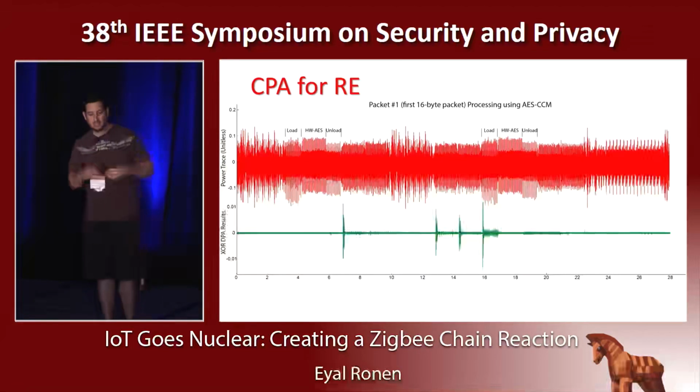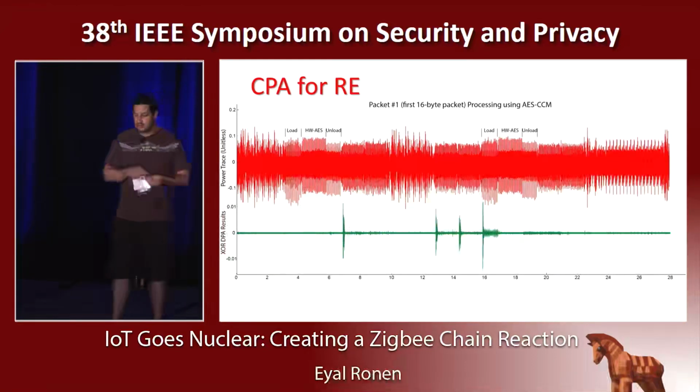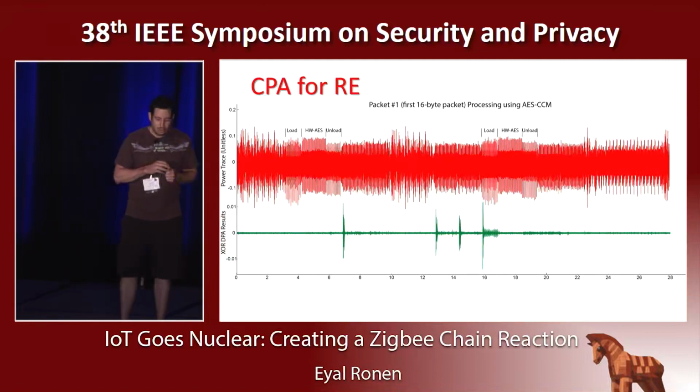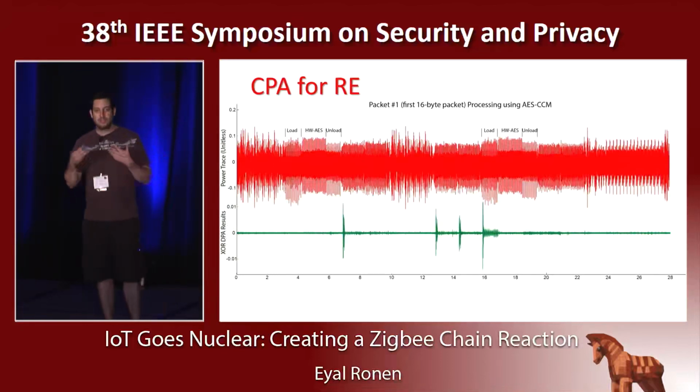So we did correlation power analysis with a ciphertext, to help us understand how this data is manipulated. And from that, we could deduce that Philips chose to use a mode of operation called counter with CBC MAC, or CCM, which is also used in Zigbee. So now we know the mode of operation, and the primitive, not so surprisingly, is the AES block cipher.